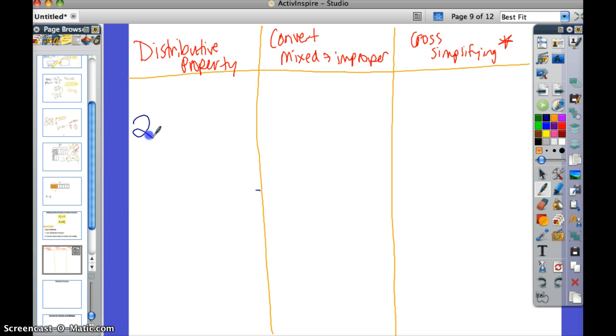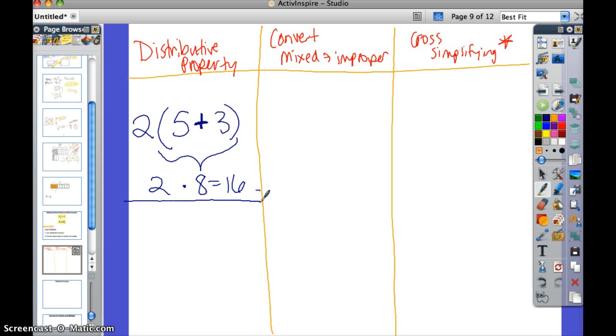If you see a problem that looks like this, where you have a number times the sum of two numbers, okay, it needs to be a sum or a difference, but we don't really go into that quite yet. You know that you can do 5 plus 3 is 8, and you can multiply that by 2. That's one way to do this, right?